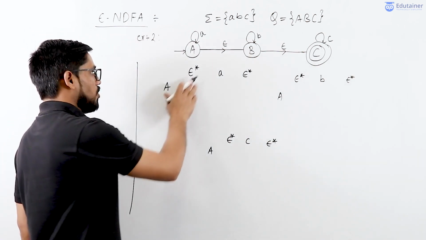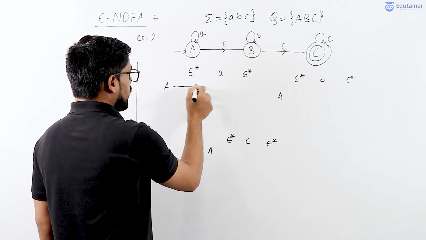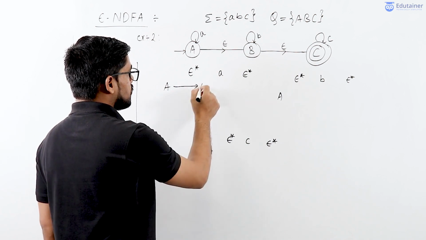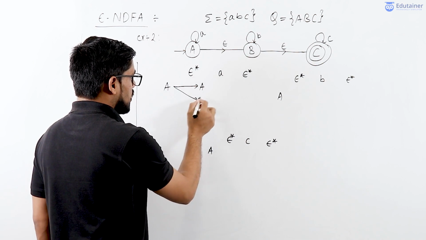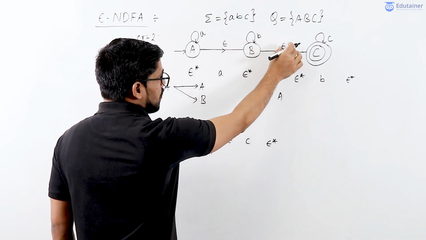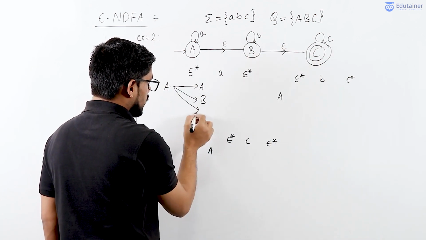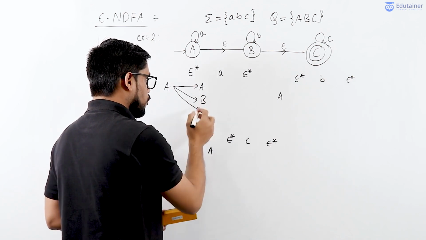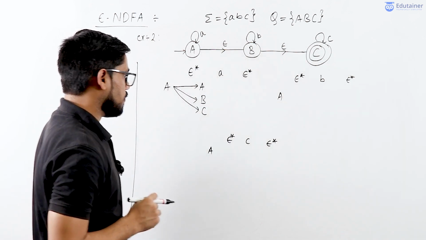So we have to take 3 moves. Okay, a, b as well as c. A on reading epsilon star will go to state A, which is trivial. Will go to state A as well as state B, and B on reading input symbol epsilon will go to state C. So here A on reading epsilon star will go to A, B as well as C. So all the 3 states are covered.